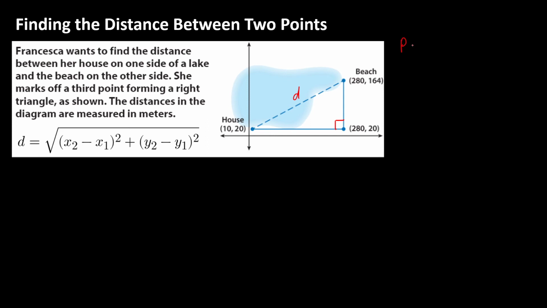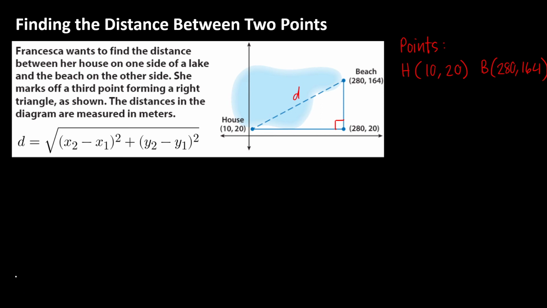So my points that I am using for sure are the house points, which is 10, 20, and the beach points, 280, 164.